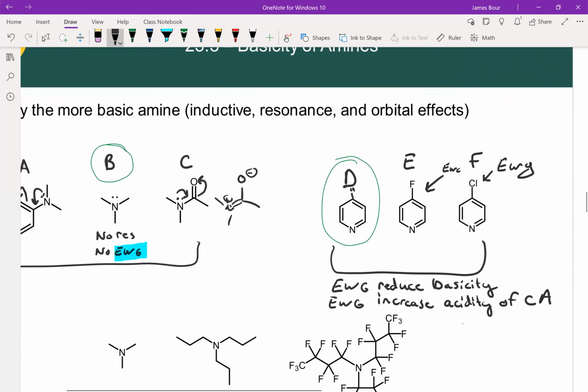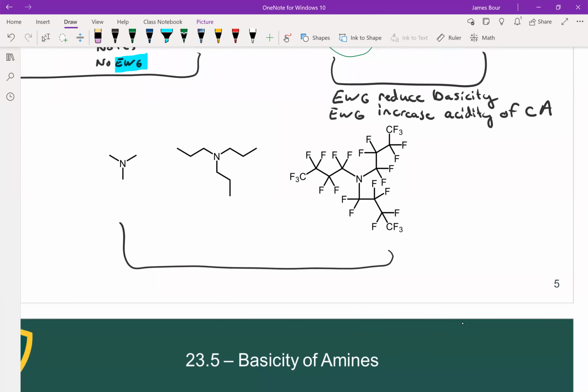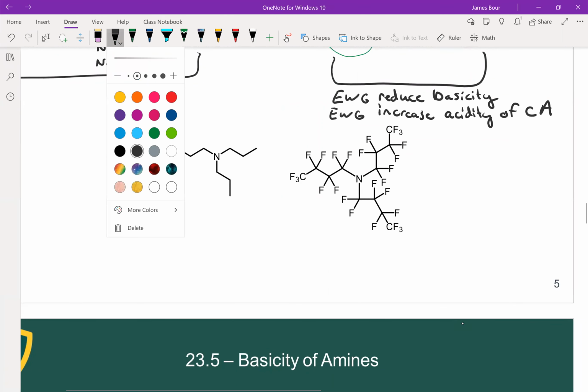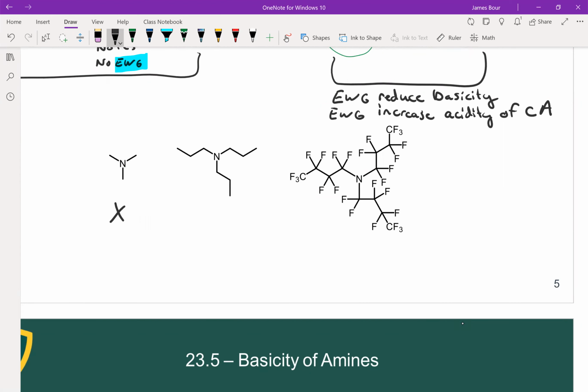Now let's move on to this final grouping of amines. We'll call these trimethylamine derivatives, in this case X, Y, and Z. And so these amines are actually quite similar. They're all nitrogen that is sp3 hybridized, that is, there's no resonance, none of them have resonance. However, one of them has a bunch of fluorine atoms off of it.